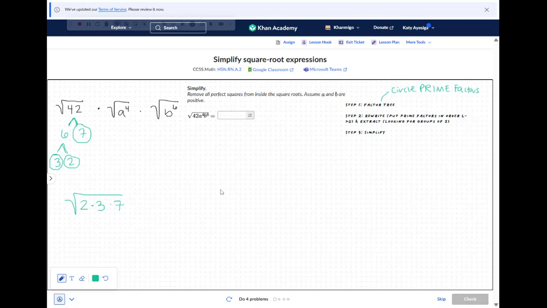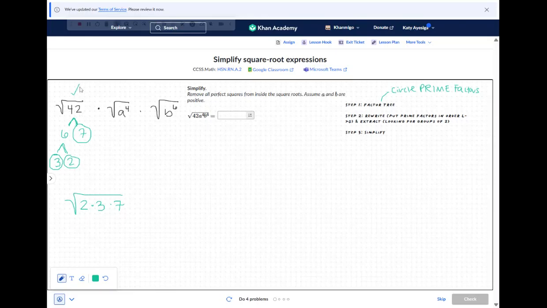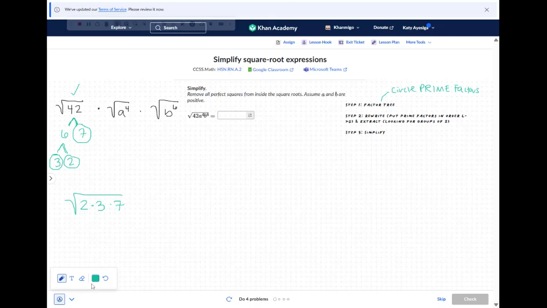And we're looking for groups of 2 of the same number that we can factor out. And this one is kind of weird. Actually, there's nothing, right? There's no 2 times 2 that we could group together. There are no repeating prime factors. So 42, unfortunately for us, but it happens, is all the way factored. So we don't have to worry about that.